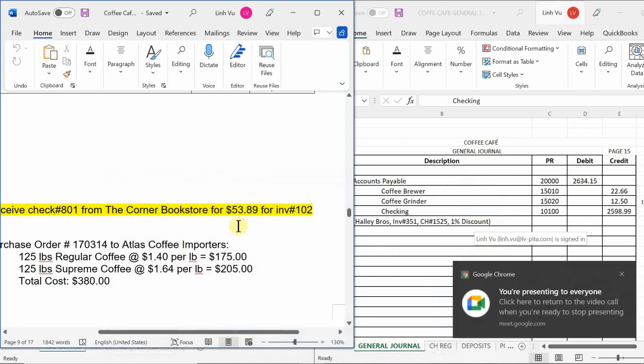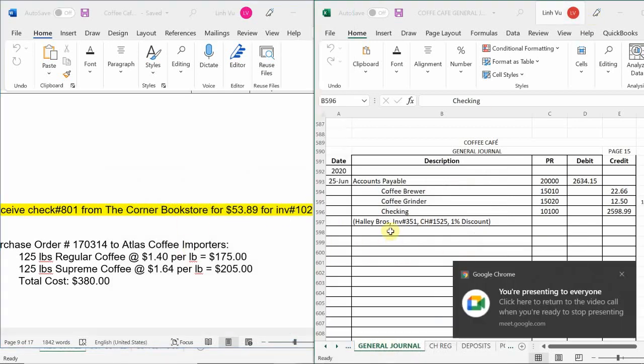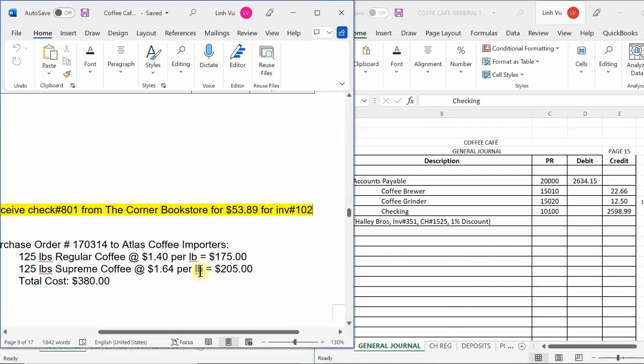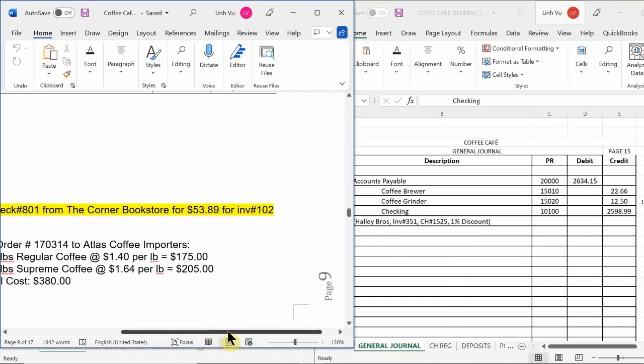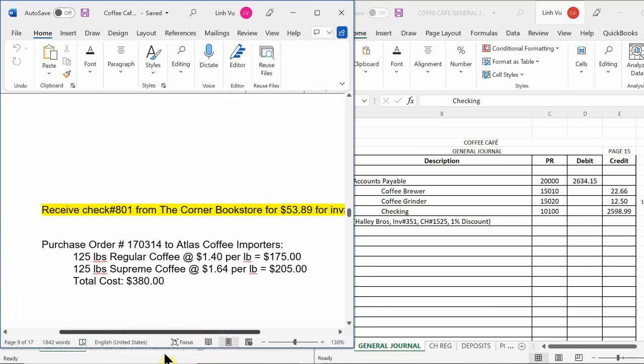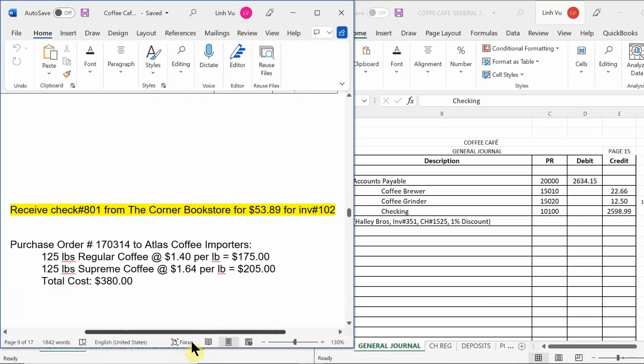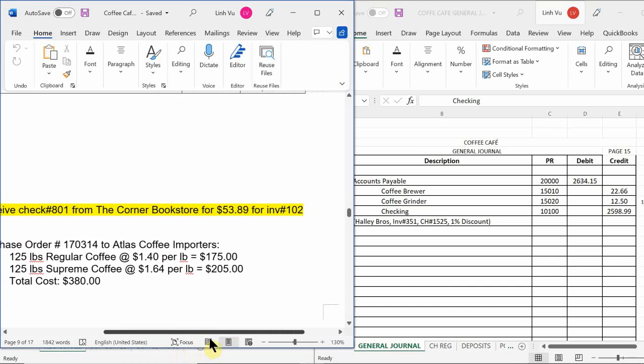All right, so what do we do here? Checking and unearned rent revenue.